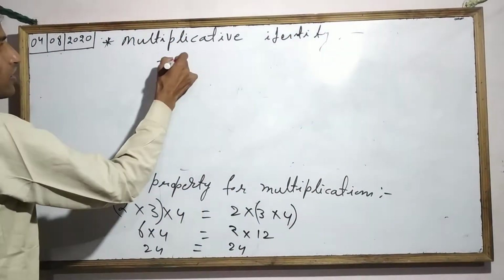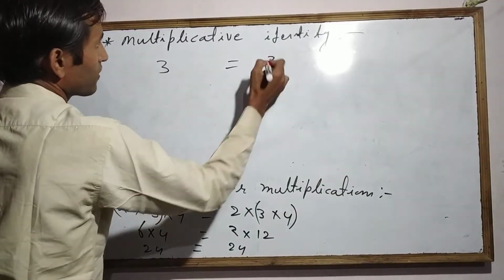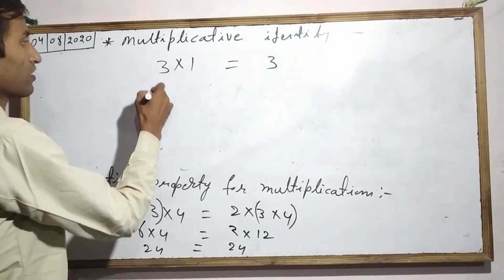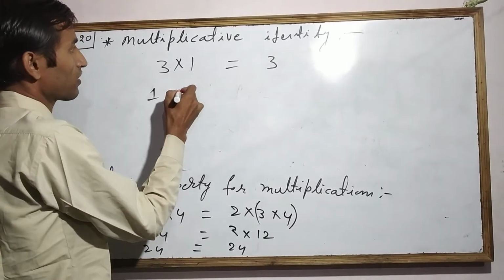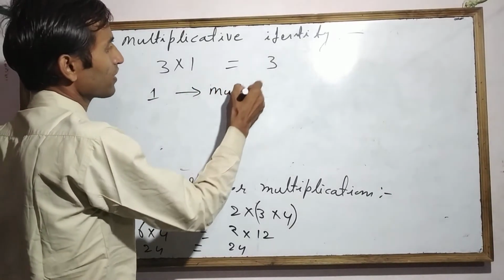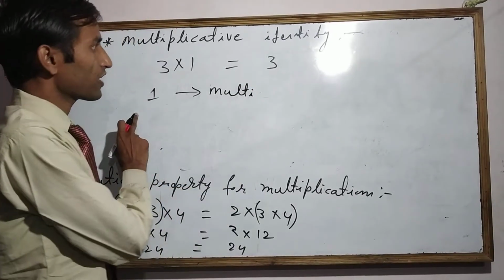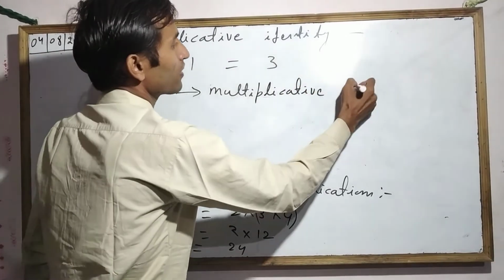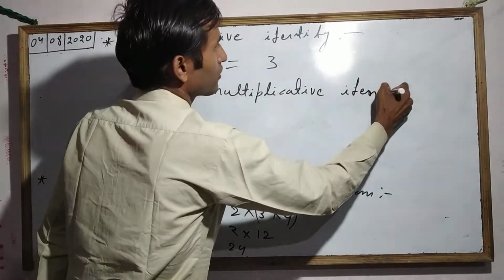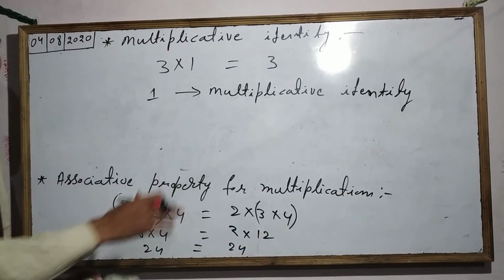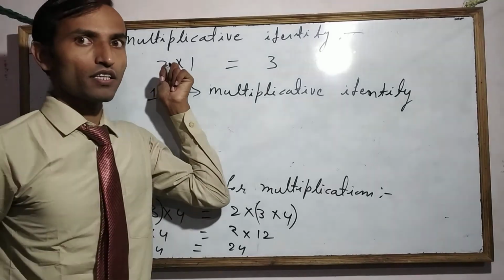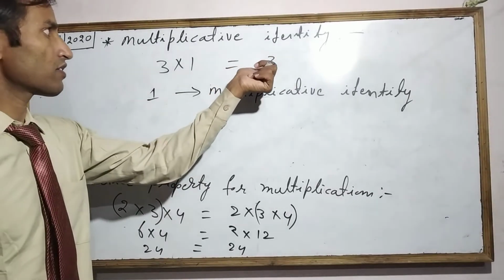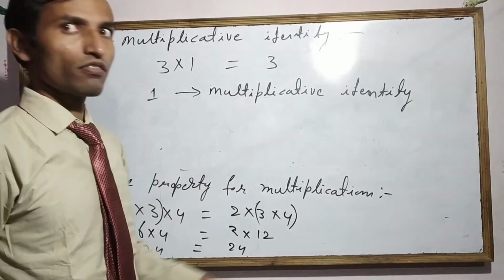If we multiply 3 by something and get 3 again, the answer is multiply by 1. So 1 is called the multiplicative identity. Always remember, for integers 1 is the multiplicative identity. Additive identity is 0 and multiplicative identity is 1. You can take positive or negative integers here; there will be no change. If you take -3 and multiply by 1, you get -3. It will not change its value. So 1 is called the multiplicative identity.